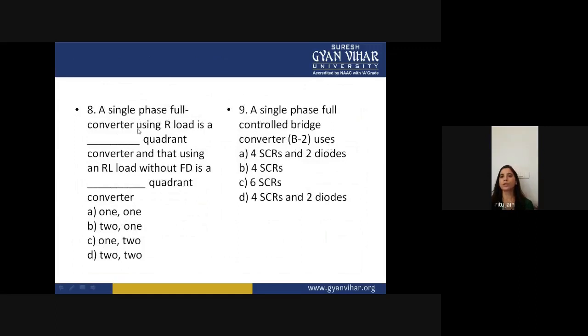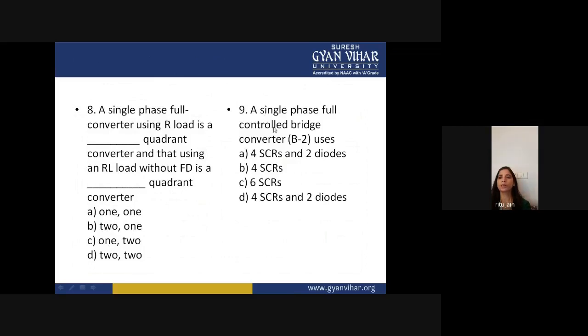A single phase full converter using R load is a one quadrant converter, and that using an RL load without freewheeling diode is a two quadrant converter. Because in the RL load, the voltage also goes into the negative direction, but the current is still positive. So the right answer for this question is C.